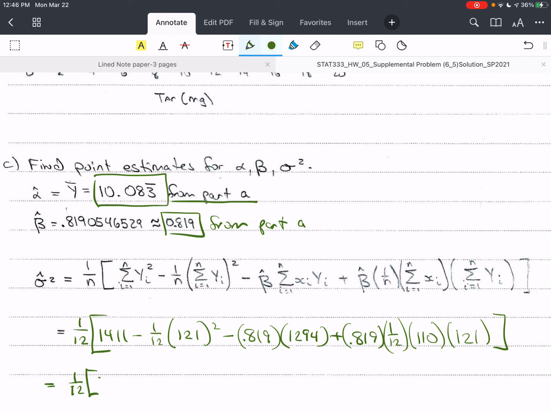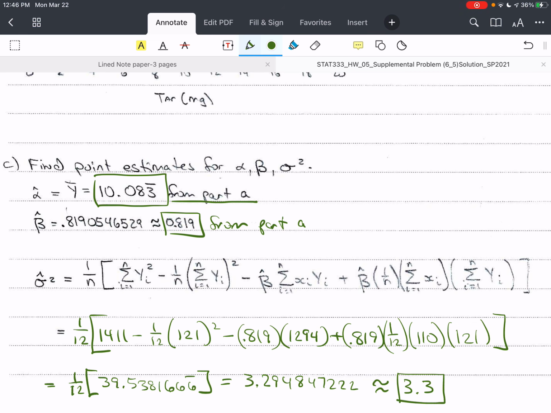And that gives me 39.5381, and then 6 is repeating. And so divide that by 12, and I get 3.29484722, etc. Okay? Which is approximately 3.3.